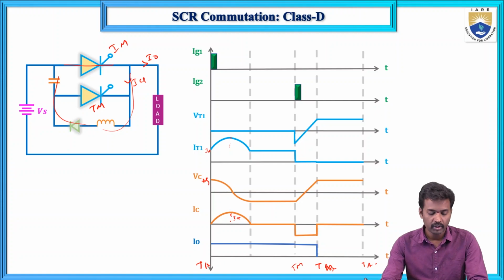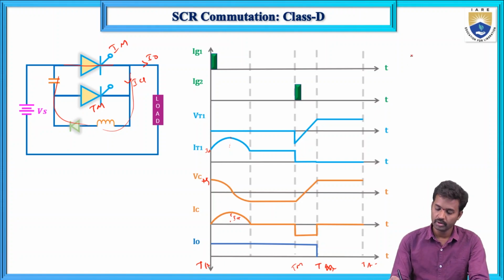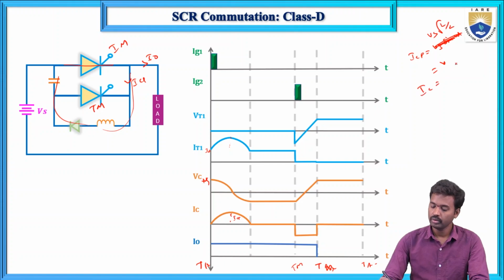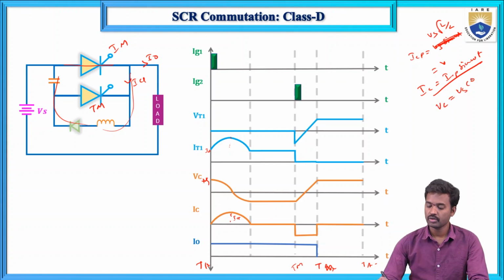So what are the equations here? ICP equals Vs times square root of C by L, and IC equals ICP sine omega t, and the capacitor voltage VC equals Vs cos omega t.